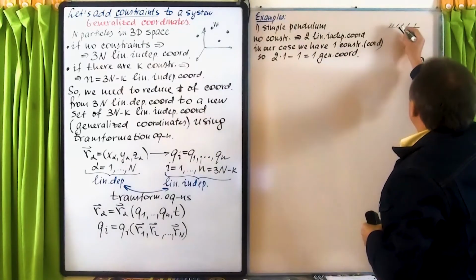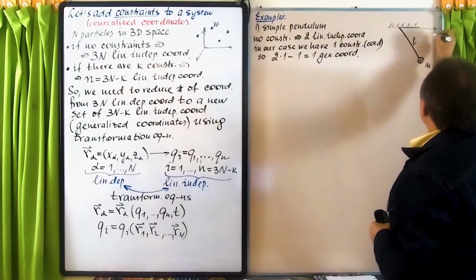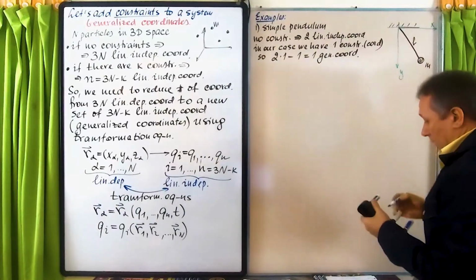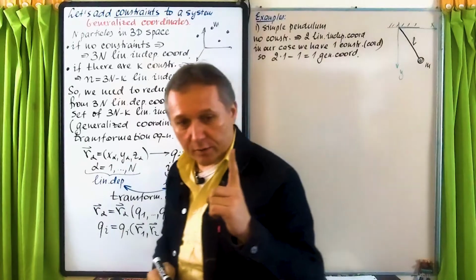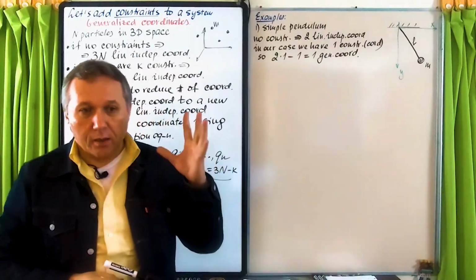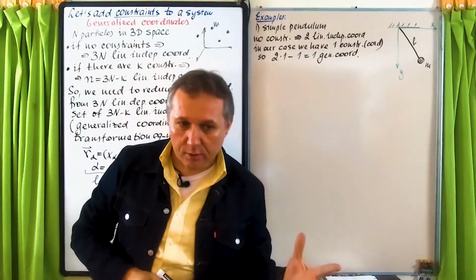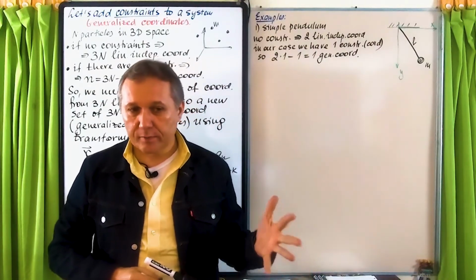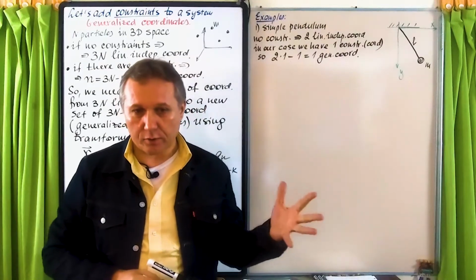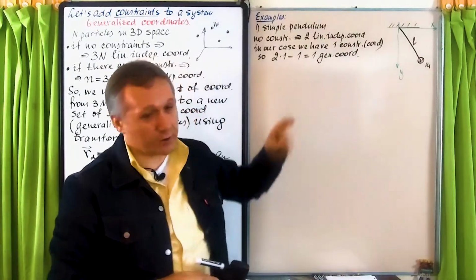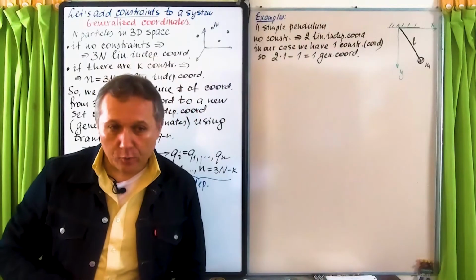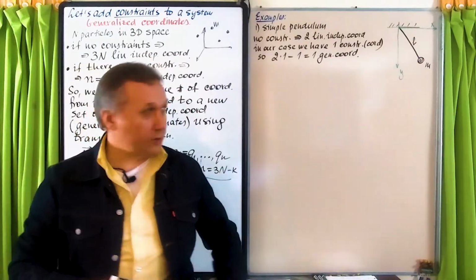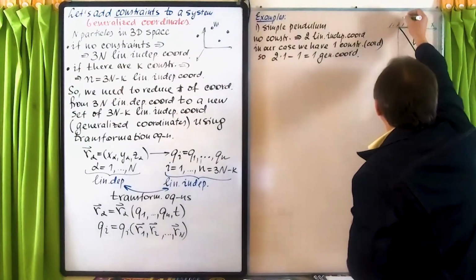Let me position the origin over here, and this is, let's say, y, and this is x. And since we are using Lagrangian formalism, you remember, you must use an inertial reference frame. So Lagrangian formalism cannot be applied in a non-inertial reference frame. That's why I position the origin of the reference frame at the point of suspension. Right? So let me emphasize that this is inertial.